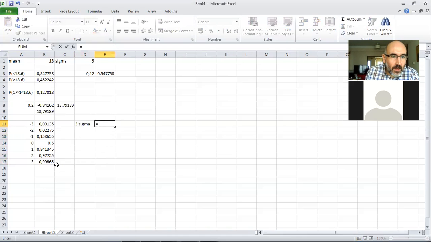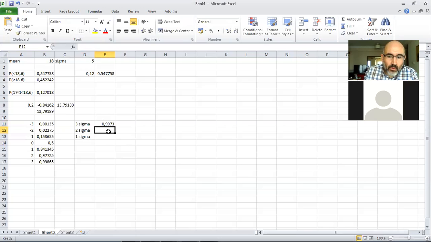You just have to subtract that little tail, which gives 99.73. So that's where that rule comes from. We can also find it for the others.